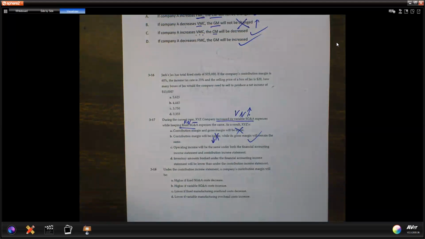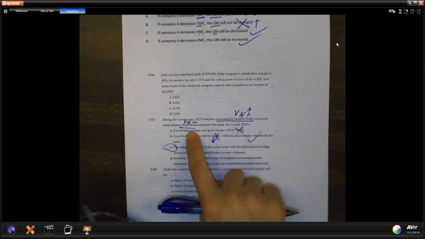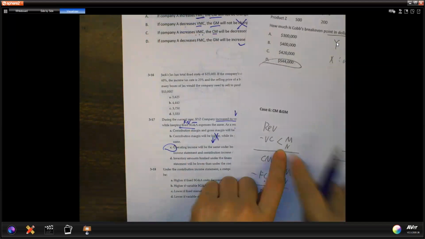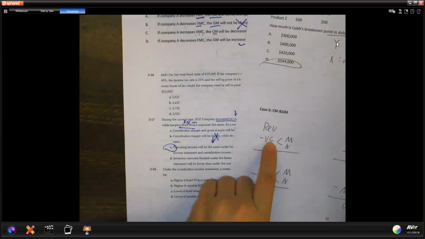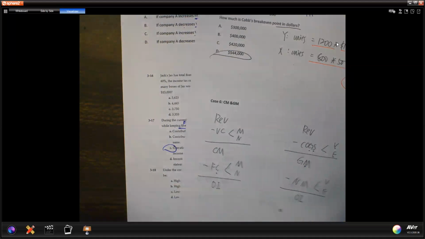This one is right because the only difference between financial accounting and contribution margin is about the change of your ending inventory, about your production and the sales units. This one didn't say about that. We said no matter whether you put variable cost here or variable non-manufacturing cost here, as long as the amounts are the same, your final number will be the same.